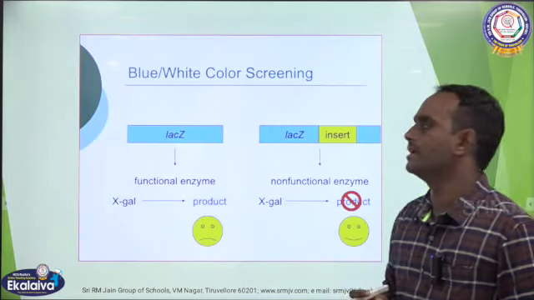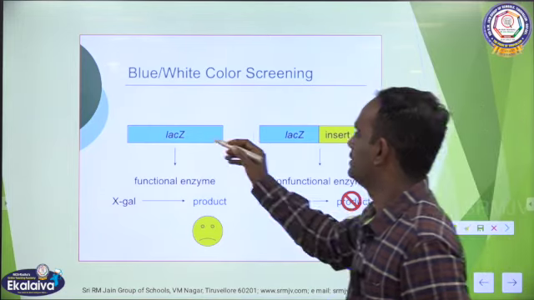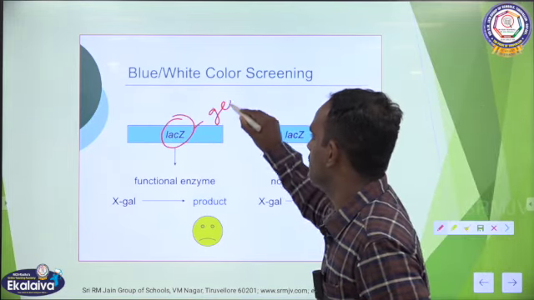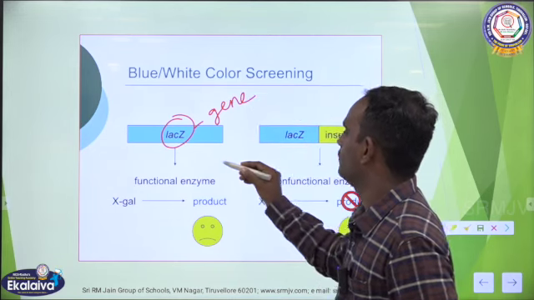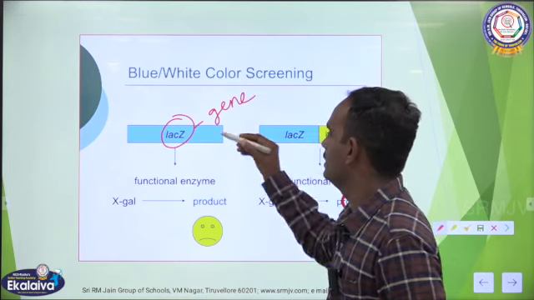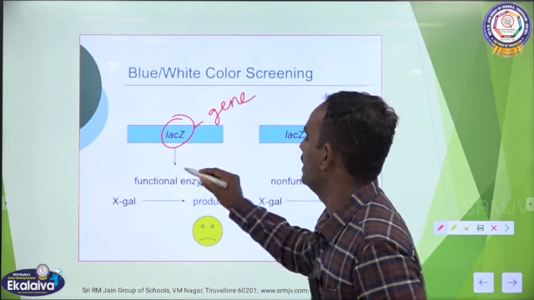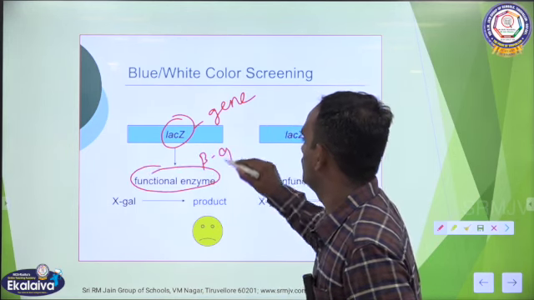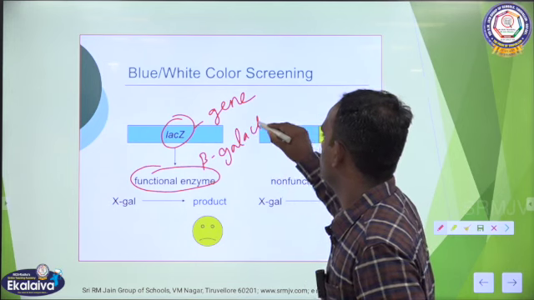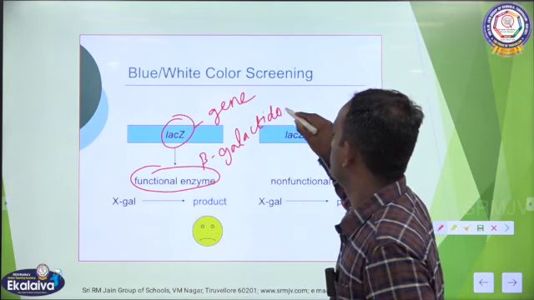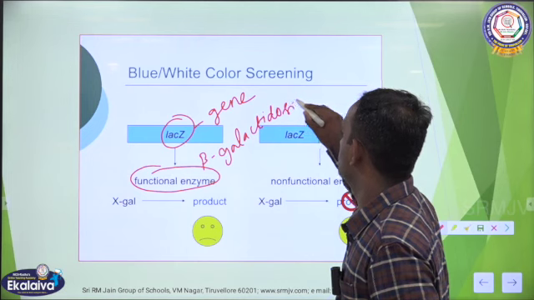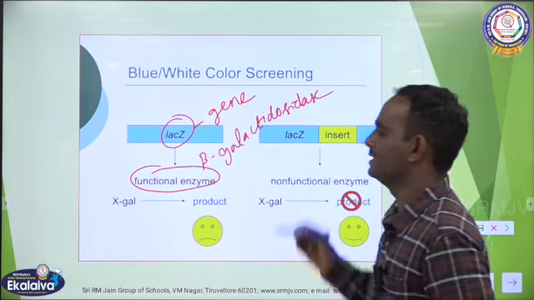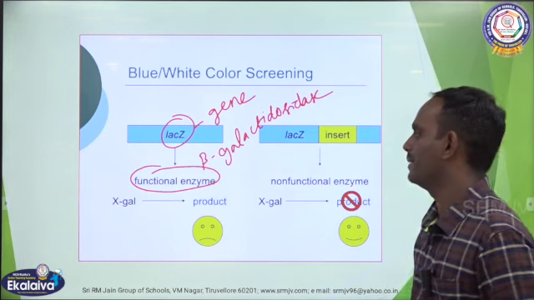See the picture here, children. This is the LacZ gene, a functional gene. It encodes the enzyme beta-galactosidase, which is a functional enzyme.